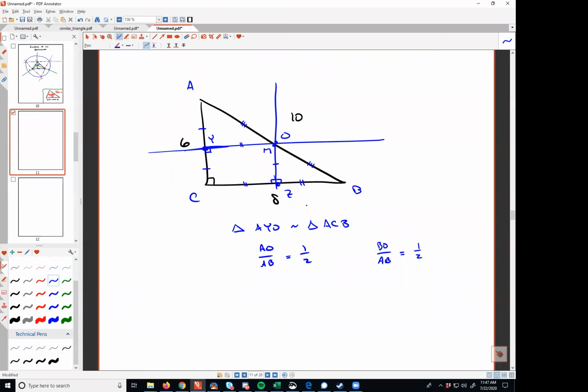Then we would have AY over AC equals AM over AB. And they would share an angle. Therefore, triangles AYC and A, M, B are similar.